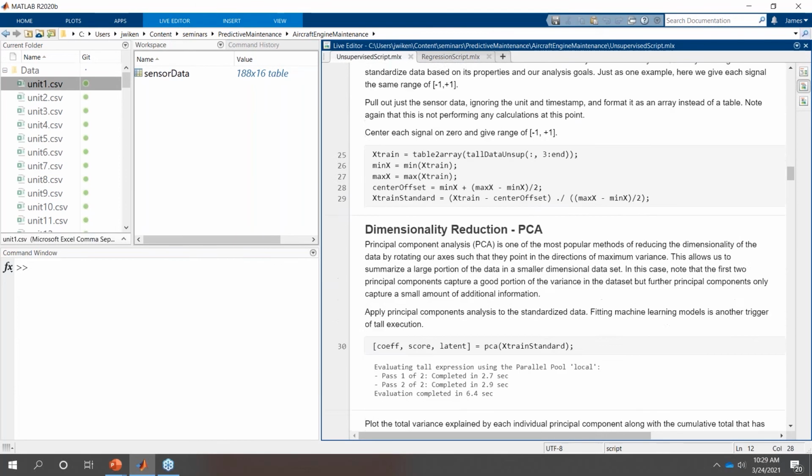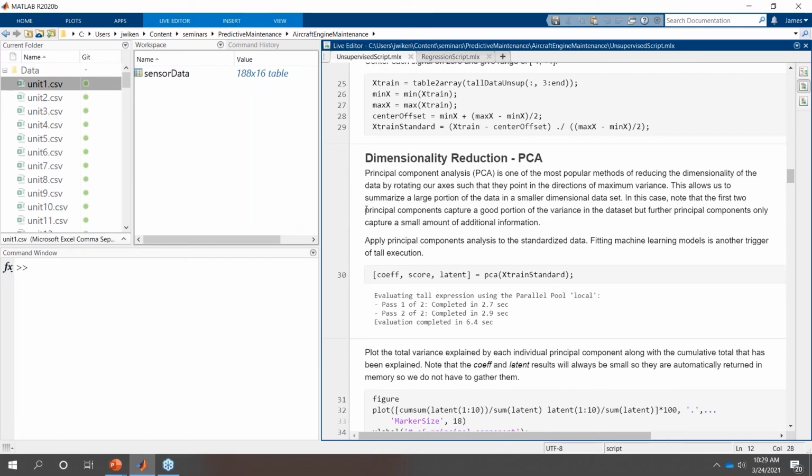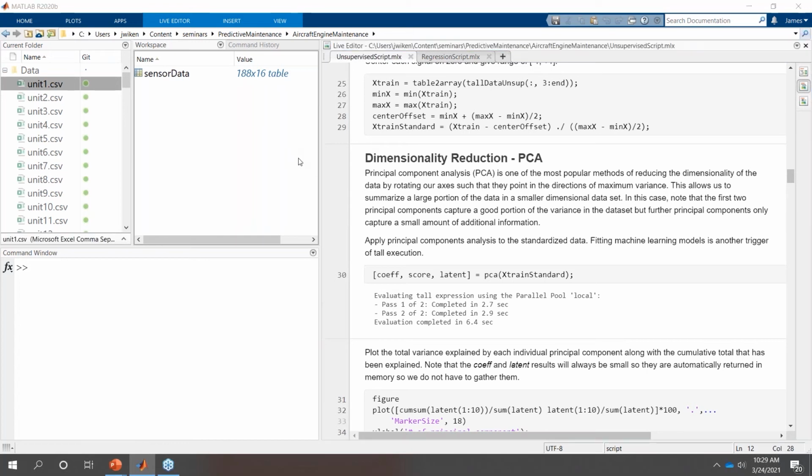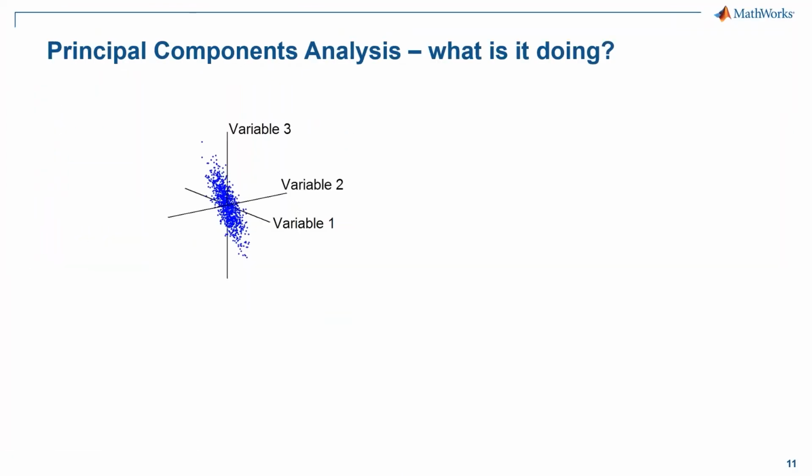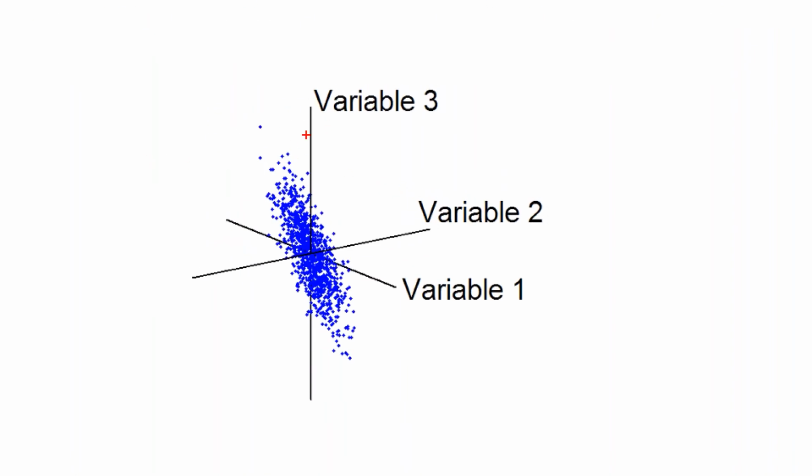Now, there's a lot of different techniques that we can use to do this, but one of the most common and most popular ones, and the one we're going to be using today, is something called PCA, or Principal Component Analysis. If you're not familiar with principal component analysis, the idea behind it is fairly simple. Say we have our data and it's being measured on a few different axes, based on however we're able to measure it with the sensors.